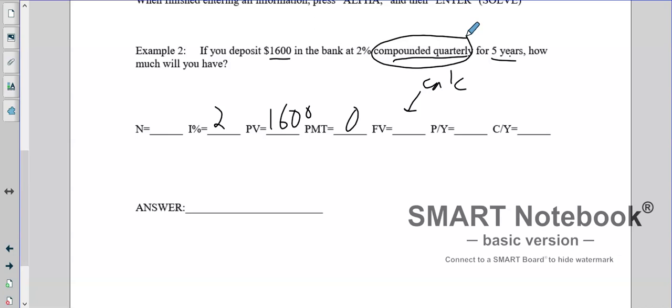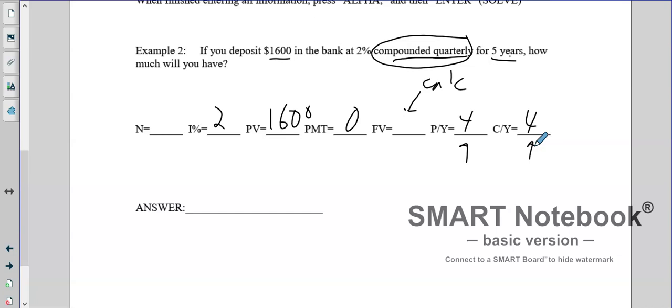So payments per year is going to be 4. And the calculator, when you put it in, it's going to automatically put 4 in there for you. Oh, my bad. I wrote that in the wrong place, didn't I? Silly me. So when you put this one in the calculator, this one will automatically change from a 1 to a 4.